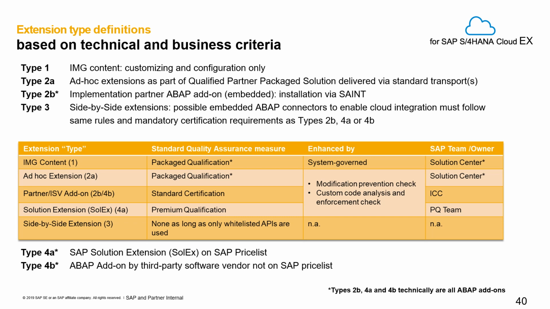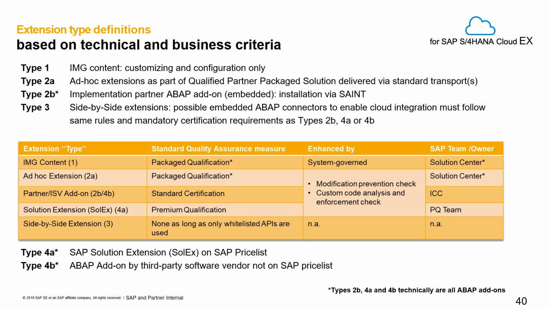But from an overview perspective, there are four major types of add-ons. They range from IMG content, configuration only with a type 1, a type 2 or ad hoc extensions, part of possibly a qualified partner package solution that you deliver via transports, type 2B, which is an implementation partner's ABAP add-on or an embedded add-on, typically installed via Saint.